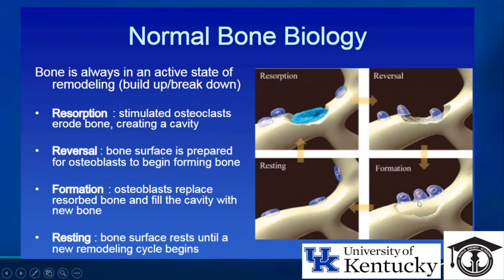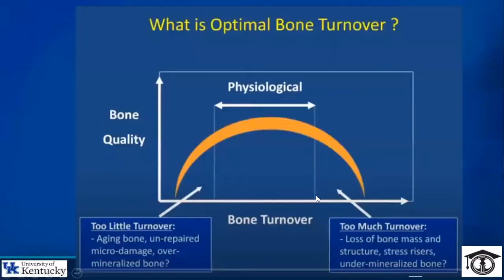So these osteoblasts lay out collagen, then calcium and minerals will come in and induce the mineralization process. So it fills in the gap. Then the bone will enter a quiescent or resting stage, and so on. These cycles take place all the time in our skeleton.